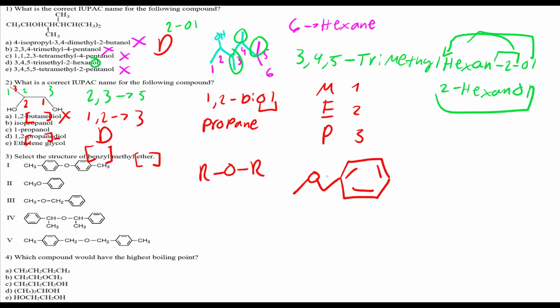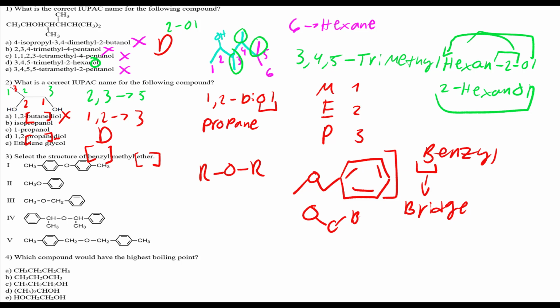Why is that special? Well, look at this. Benzyl has a B. And the way I remember that is that B is also in bridge. And so this benzene ring has to be attached to an oxygen via a bridge, via a carbon. So it's like this, carbon and then your benzyl.